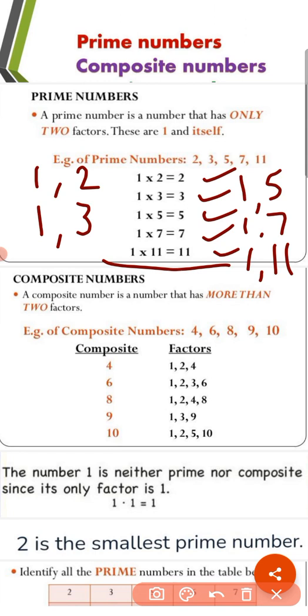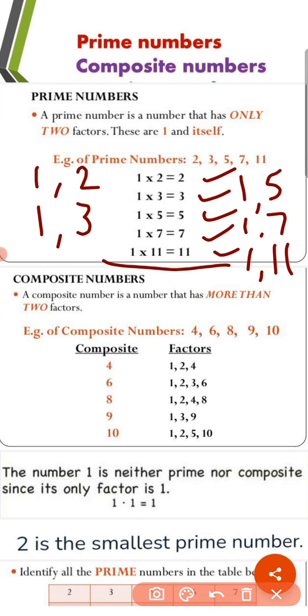How will we check a number is prime or not? First, find the factors of the given number. Then, check the number of factors. If the number of factors is 2, then that number is a prime number. Here the numbers given are 2, 3, 5, 7, 11.